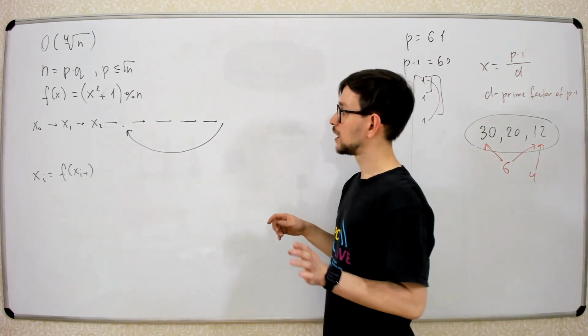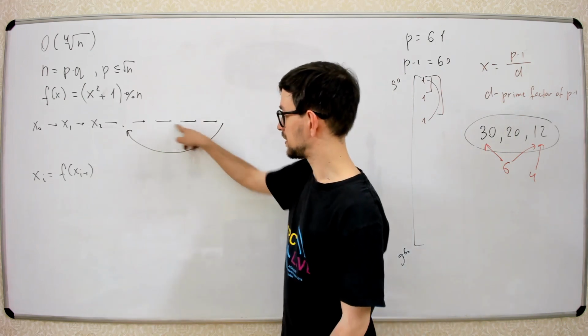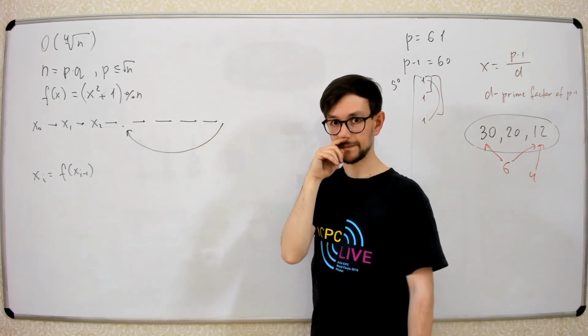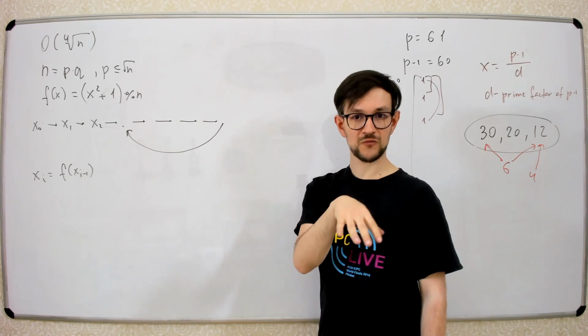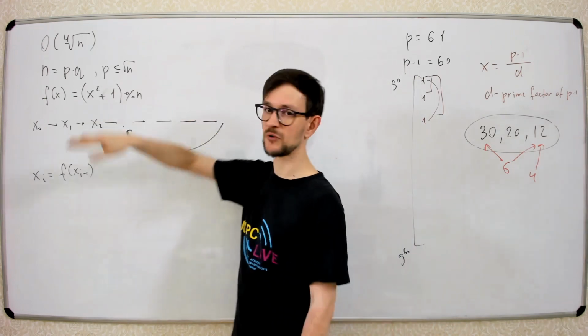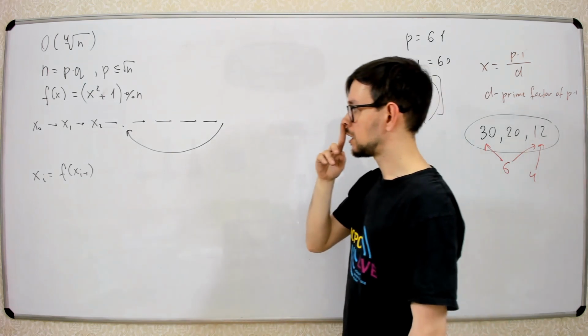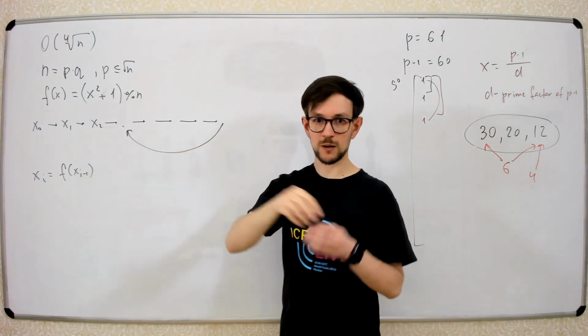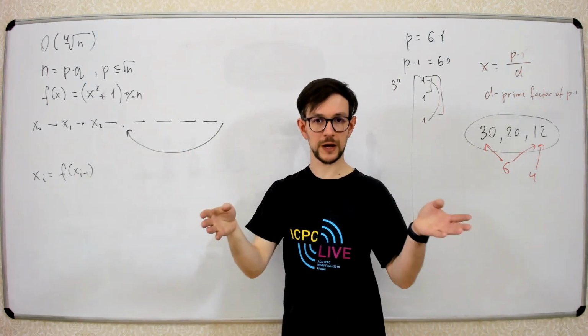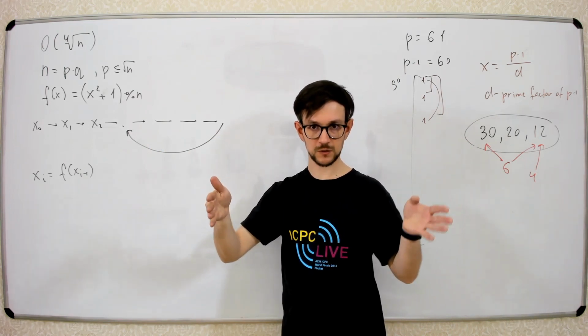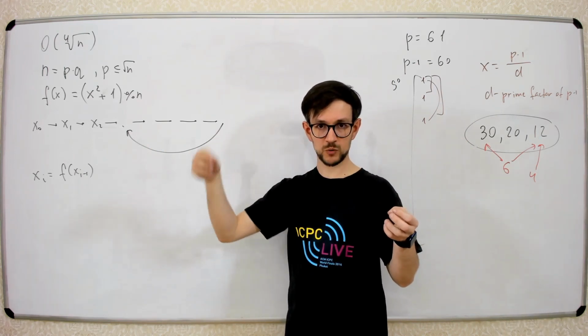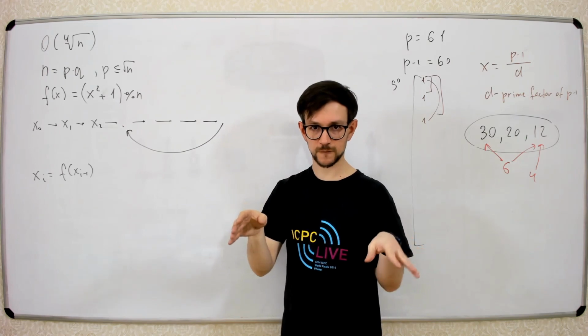Now, the interesting observation. What will be the length of this cycle? What do you think? If you have some random function, let's believe that this function is pretty random, then you iterate over some numbers modulo n. So there are n possible numbers, and you just jump between these numbers using some random function.